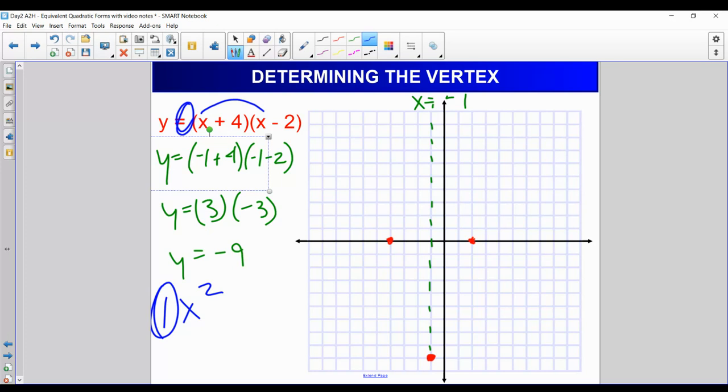When I go out 1, up 1. Out 2, up 4, out 3, up 9, and that's where I get to the values that I already plotted. So I can graph that.